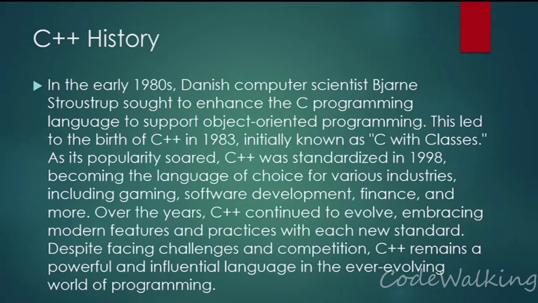It was also known as C with classes, but as its popularity increased over the years, C++ was standardized in 1998, becoming the language of choice for various industries including gaming, software development, finance and more. Over the years, C++ continued to evolve, embracing modern features and practices with each new standard. Despite facing challenges and competition, C++ remains a powerful and influential language in the ever-evolving world of programming.